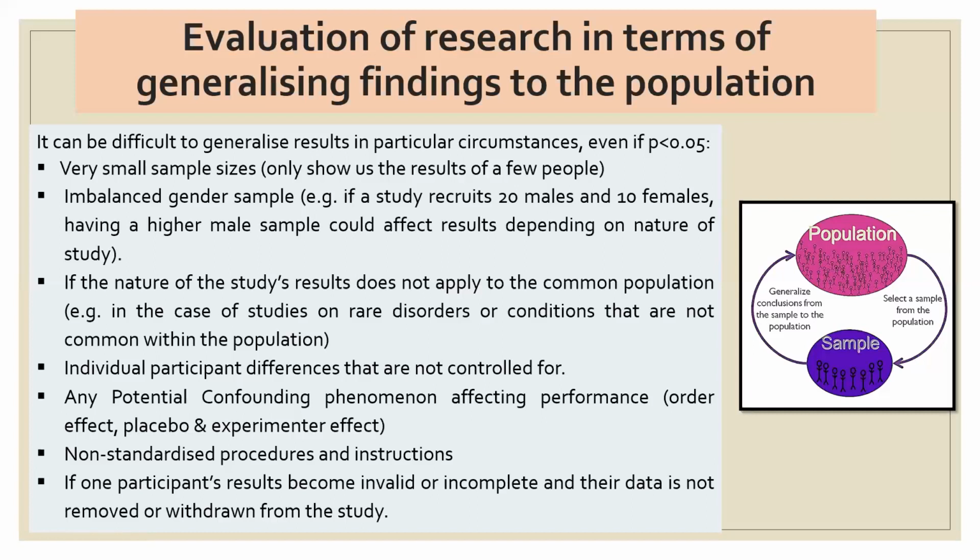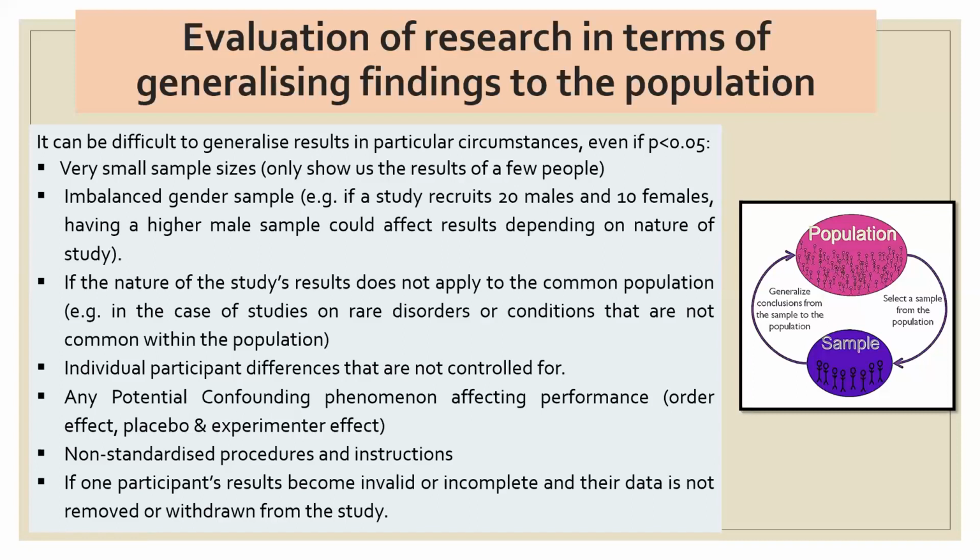Or maybe one researcher, but they give the instructions to the experimental group in a much clearer way. But when they get to the control group, they're kind of just waffling on and they're not really being clear. So that can affect participant performance as well, because one group knows a lot more and are a lot more clear about what they need to do. The other group doesn't know as much. So again, we talked about that with those two experimenter examples.